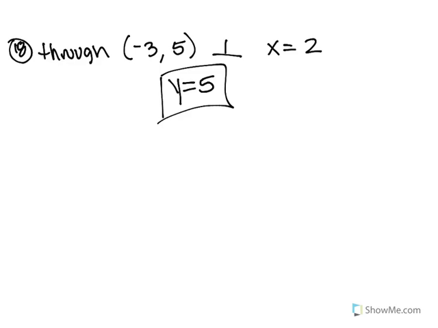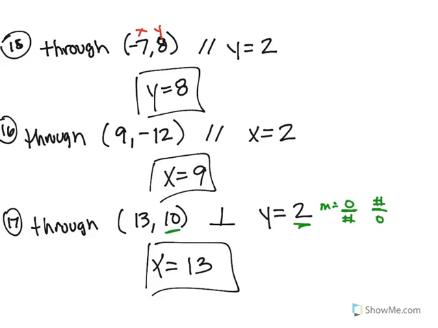So if I'm saying perpendicular to an x line, you got to give me the y. Does that make sense? If I say perpendicular to a y line, you got to give me the x. Because they got to cross, so they got to be the opposite variable to cross. Does everybody understand where I'm going with that?